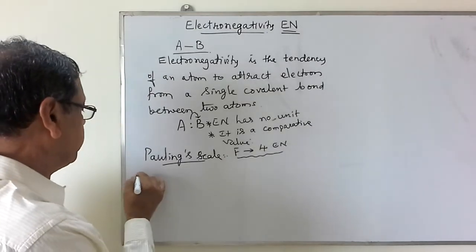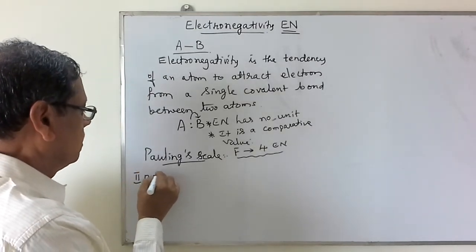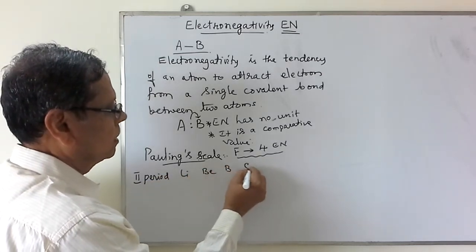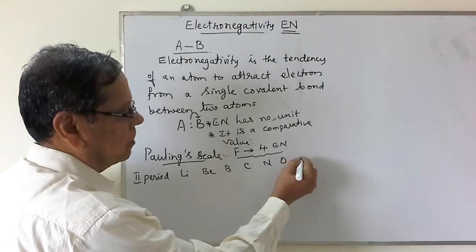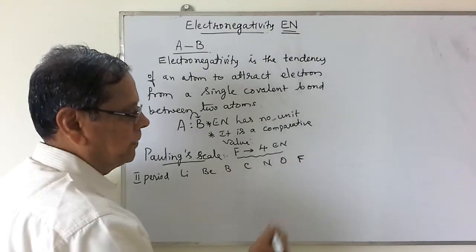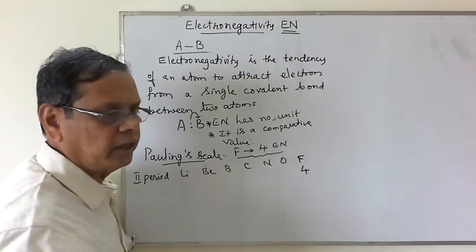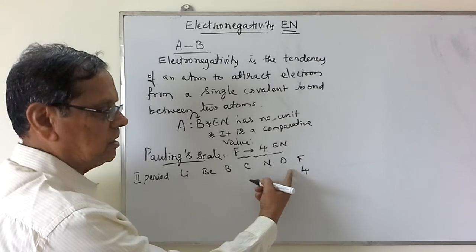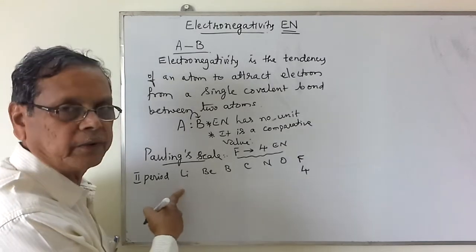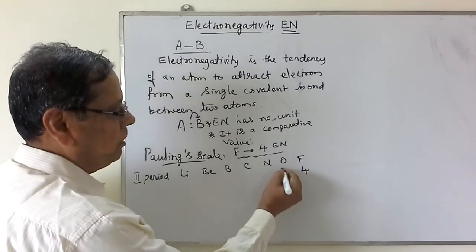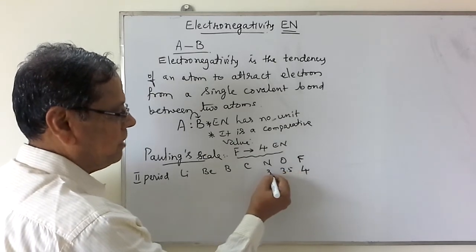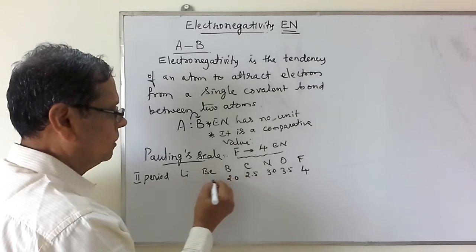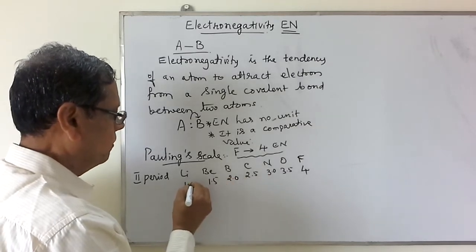For example, in the second period, we have lithium, beryllium, boron, carbon, nitrogen, oxygen, then fluorine. Remember, fluorine has got 4 units. Then you decrease the electronegativity by 0.5 unit from right to left. So this will be 3.5, this 3.0, this 2.5, 2.0, 1.5 and then 1.